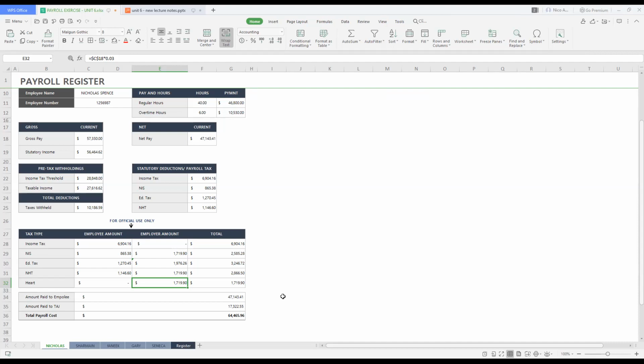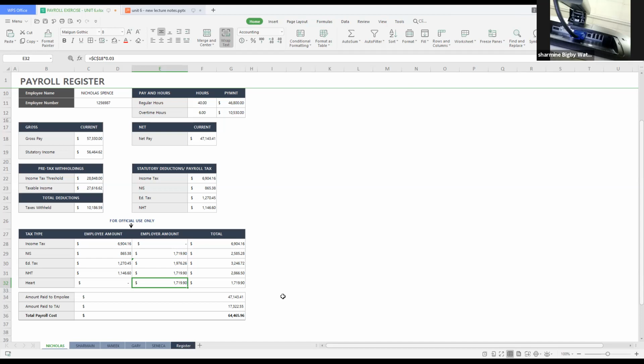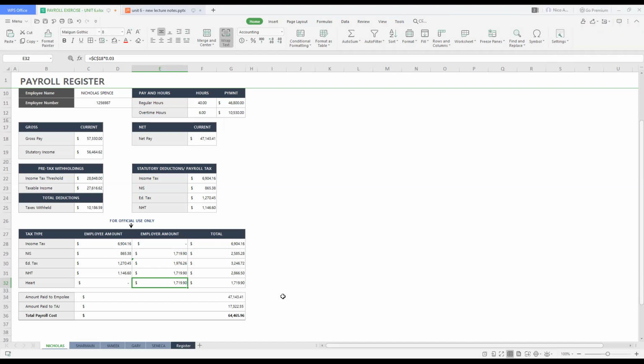Since the person is paid on a weekly basis, you'd have to divide that by 52 to get the amount that you're going to deduct from the statutory income.